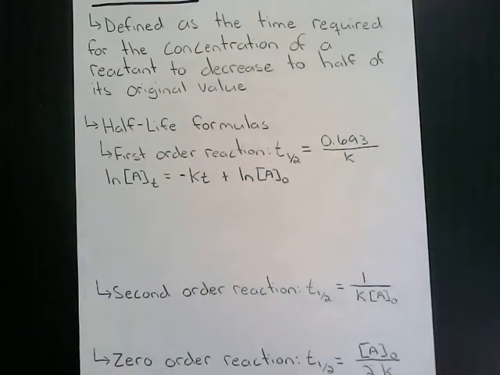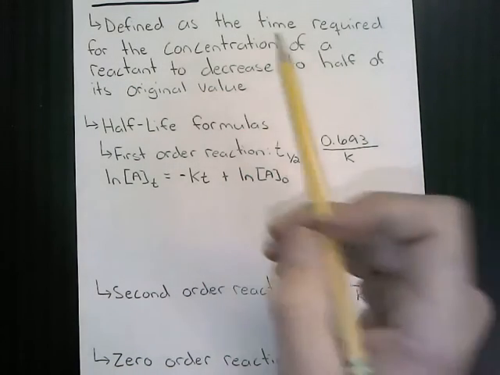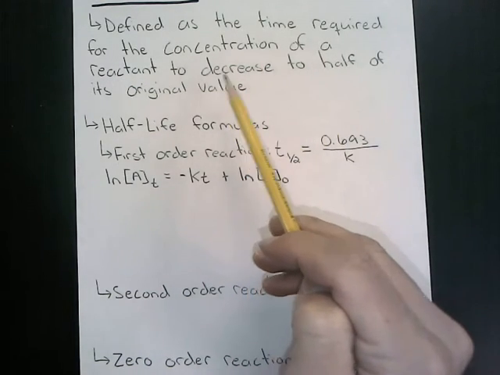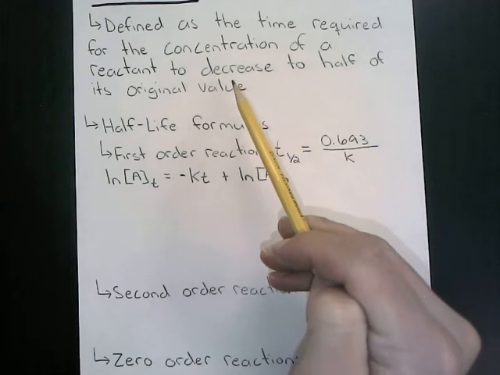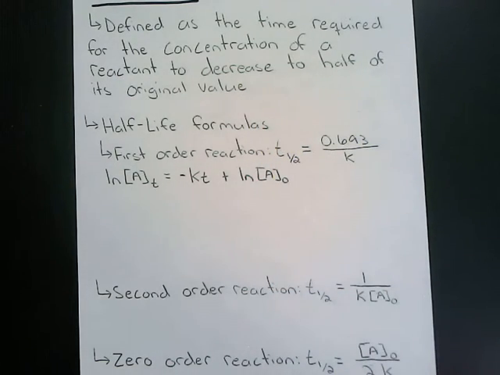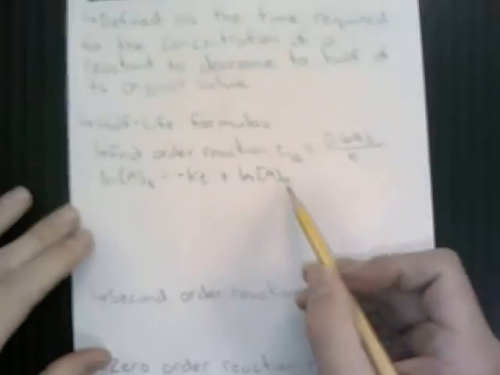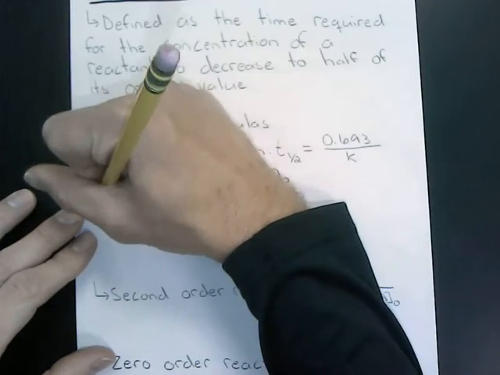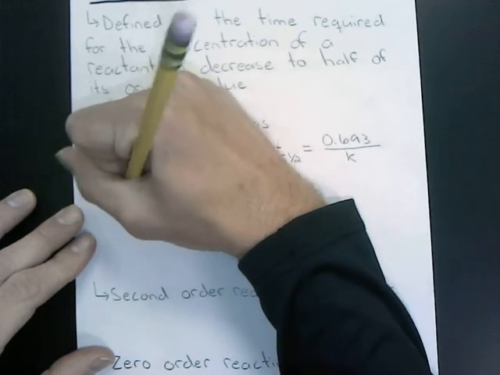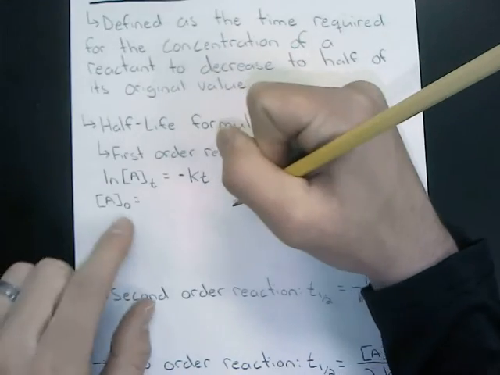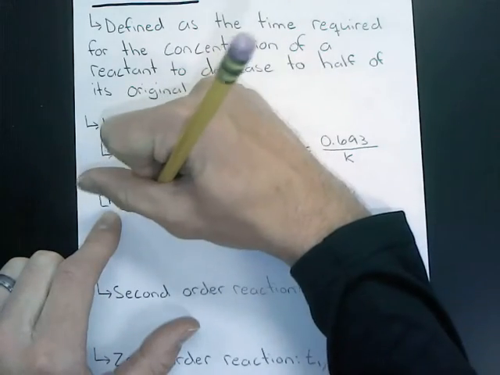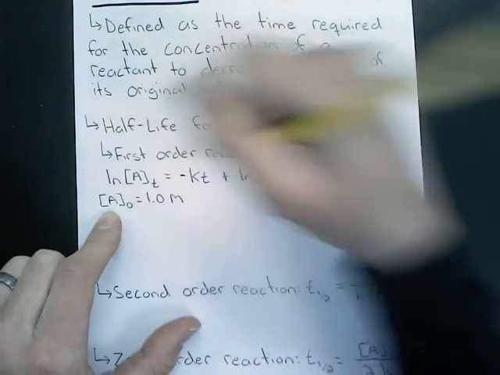Now, let's think about the concept of half-life. It says in our definition, the time required for the concentration of a reactant to decrease to half of its original value. So let's say our original value, A sub naught, our original amount of A, is 1.0 molar.